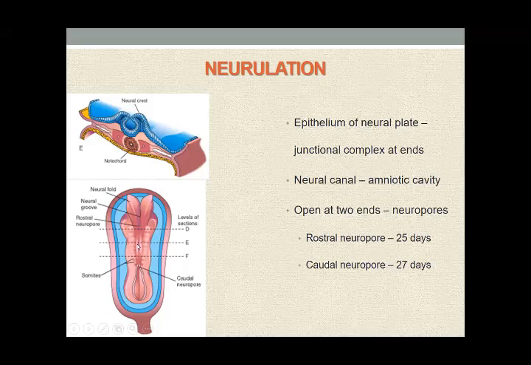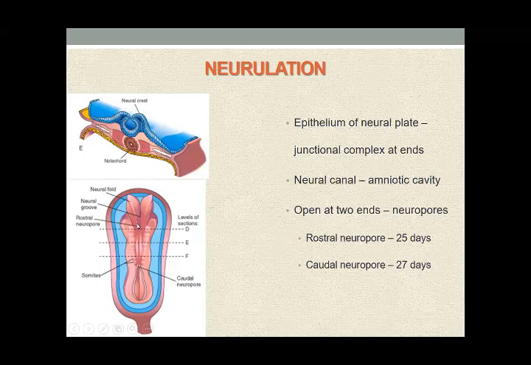The closure of the neural tube starts at the midline point and then goes cranially and caudally. However, it remains open at the caudal end, and it remains open at the cranial end.